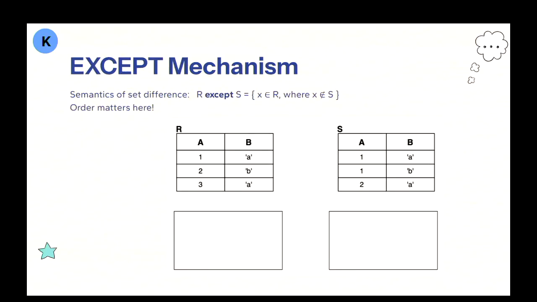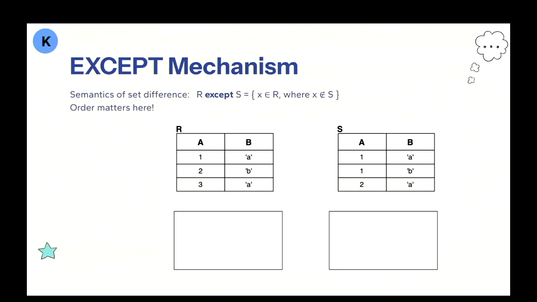And the mechanism of except is a bit complex, but it's still quite straightforward. So let's say R except S. It means an element belongs to R but doesn't belong to S. So the order here matters. For example, what's the result for R except S in these two tables?